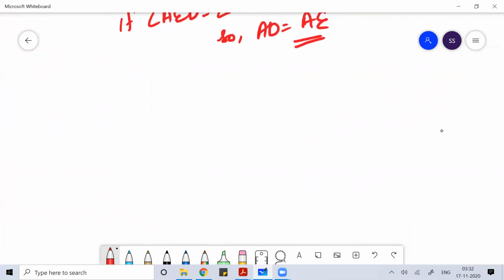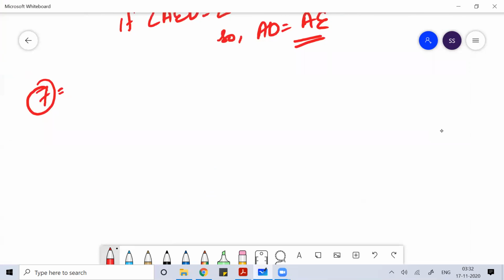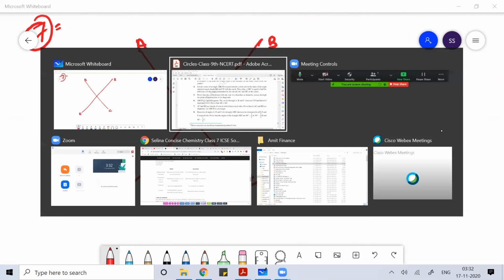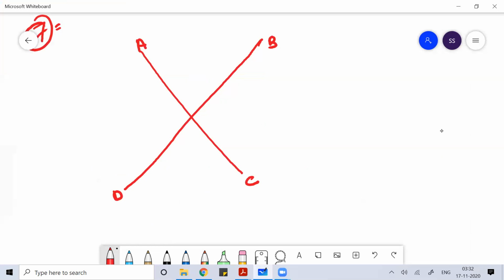Now question number 7. AC and BD are the chords of a circle which bisect each other.